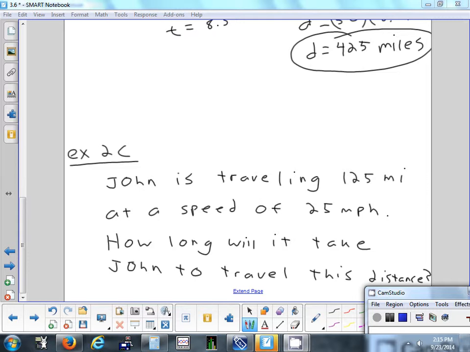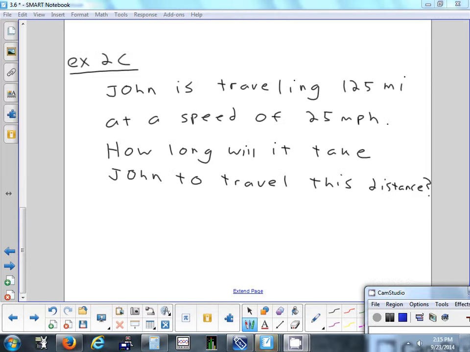So what's my distance in this problem? 125 miles. What's my rate, or what's my speed? 25. And the question is how long? That's my time.